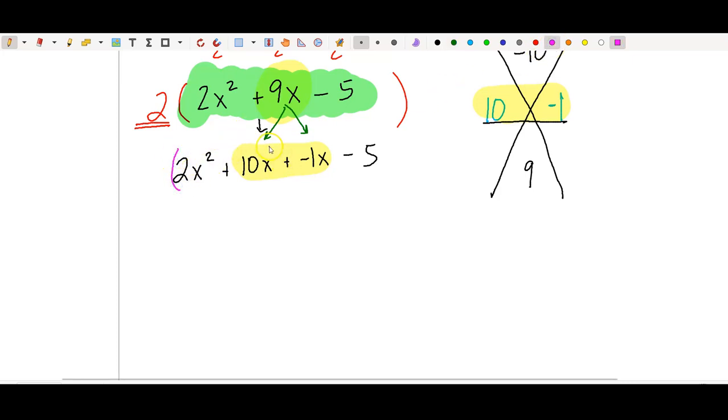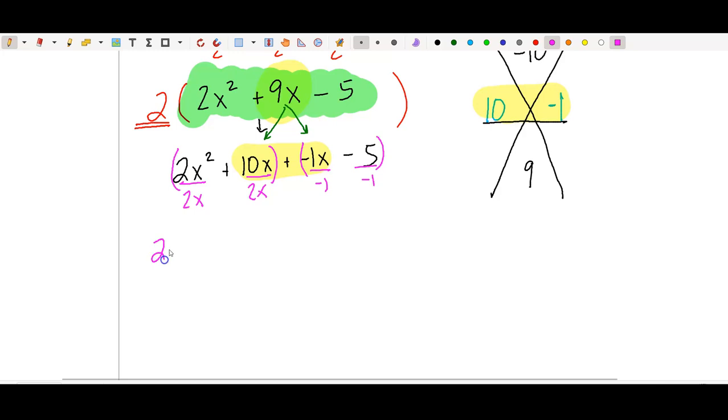So we've done this a lot of times, but we're going to group these 2 terms, and we're going to factor out the greatest common factor from each spot. So in this one, we can take out a 2x from this small group. This one right here, we can't really take anything else. We're going to take out a negative 1 though, because that will change our signs to positive.